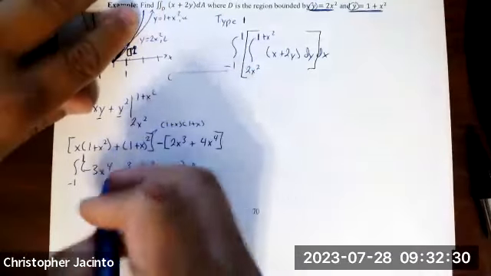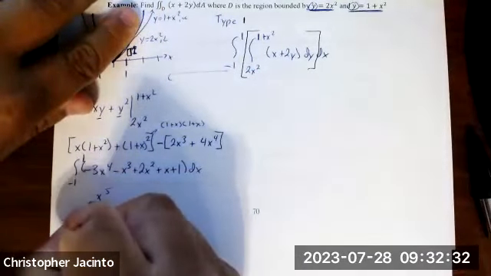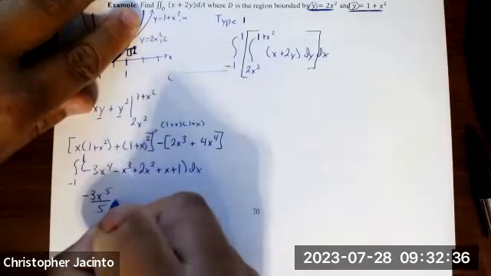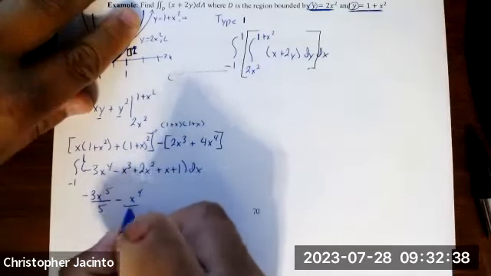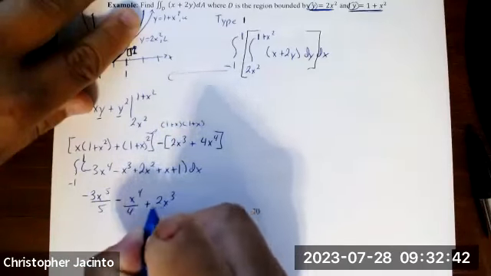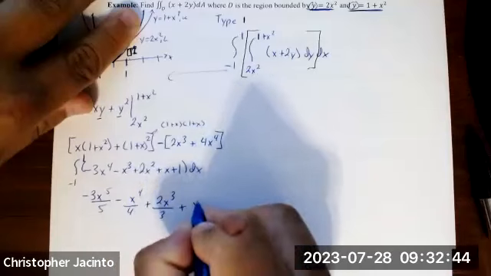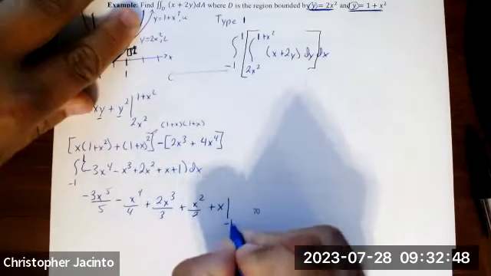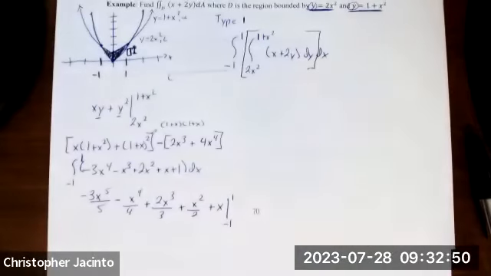Right, take the integral. So now this is going to be x to the fifth over 5 times -3, minus x to the fourth over 4, plus 2x to the third over 3, plus x squared over 2, plus x, all evaluated at 1 and -1.